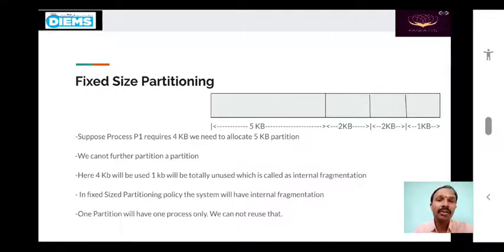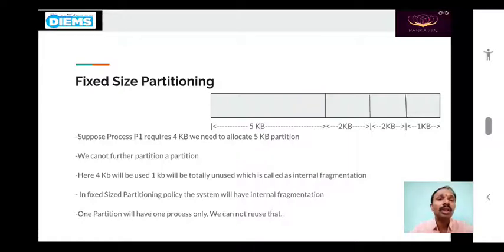In fixed size partitioning, what is the thing? It is a method of contiguous memory allocation. It is one of the types of contiguous memory allocation. It means that it will store the data in the form of arrays. So in fixed size partitioning, we have made the partition, maybe out of 10 KB of the array, so 5 plus 2 plus 2 plus 1.